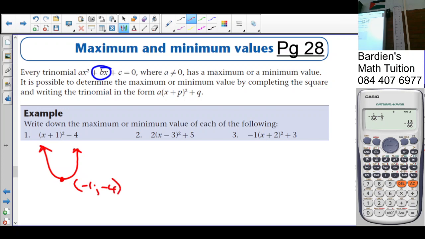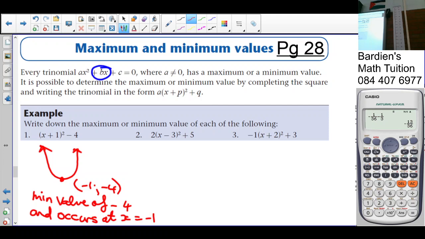The question is write down the minimum or maximum value of each of the following. So this graph will have a minimum value of, what's the minimum value? Negative 4, yes. And it occurs at x is equal to negative 1. That's your answer.